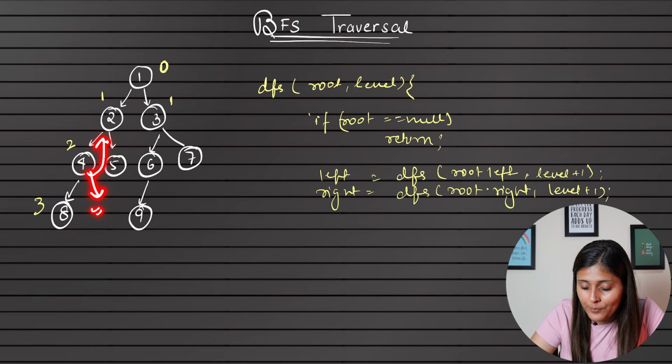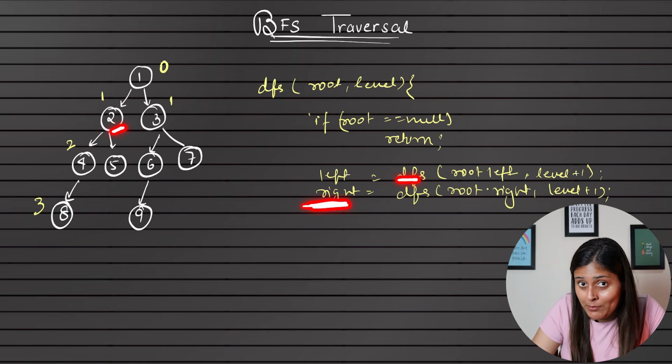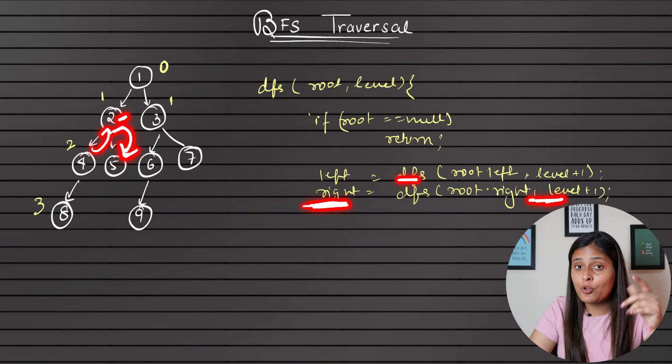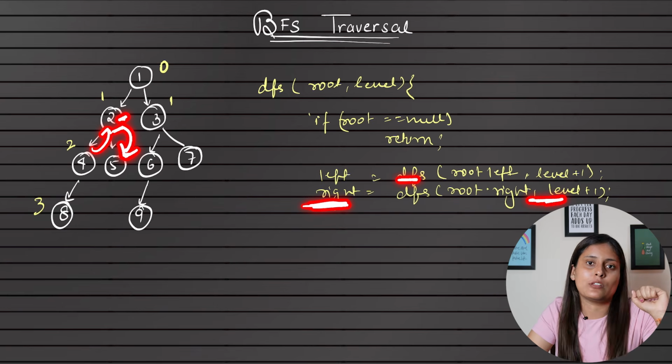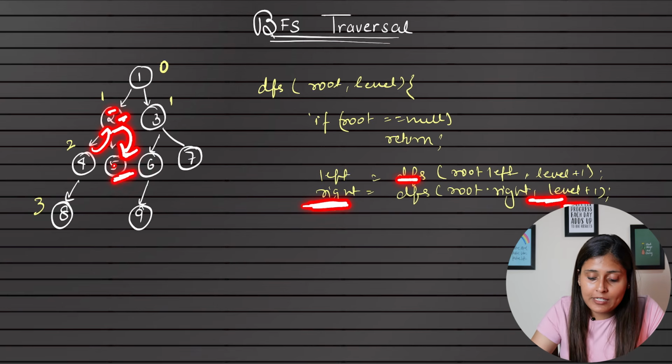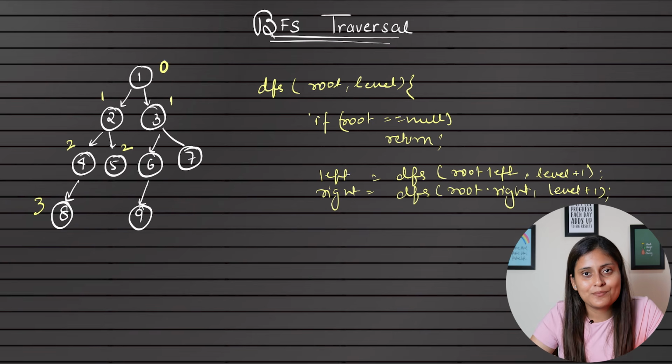Listen very carefully. For 2 you made the left call, but you did not make the right call, remember? But now you are returning. So when you make the call for 5, the level of the parent will be 1. And who remembered it? The stack calls. The stack call has remembered the level of every parent. Now level 1 plus 1, so for 5 the level will be 2.